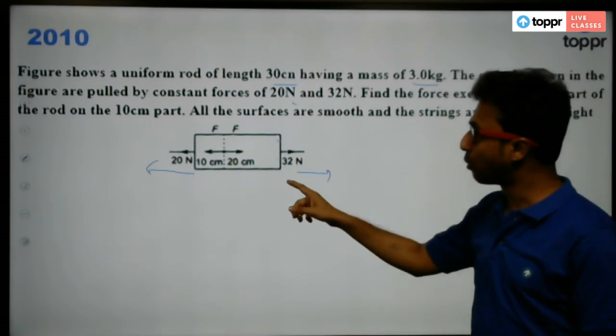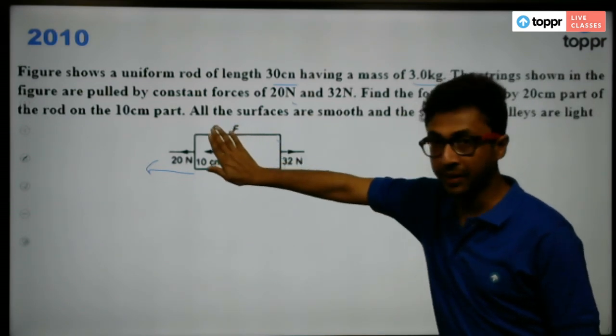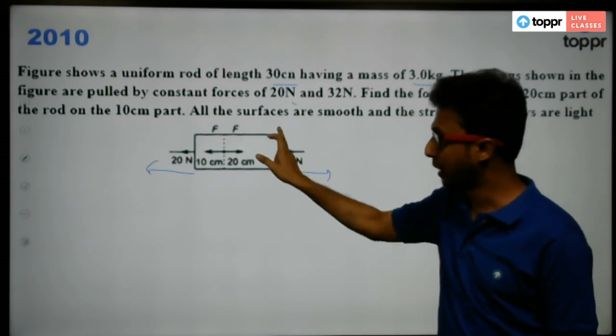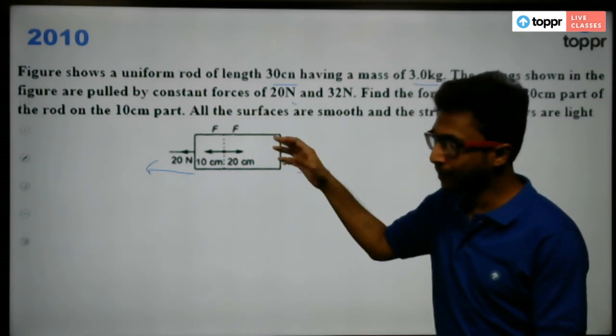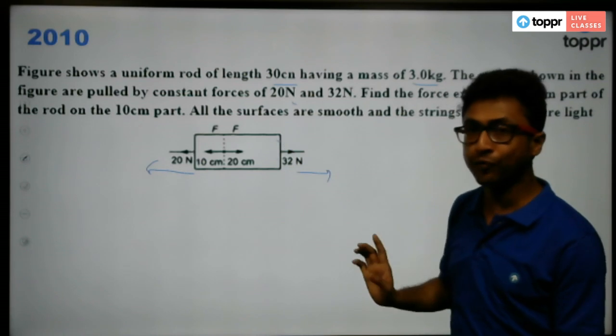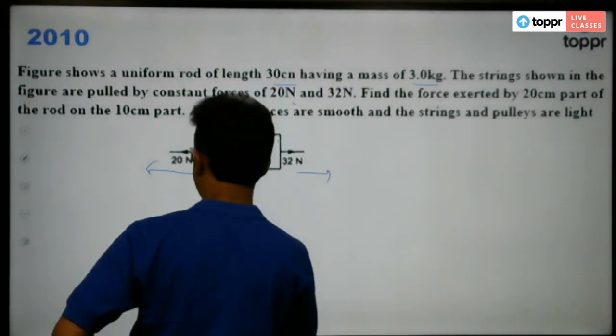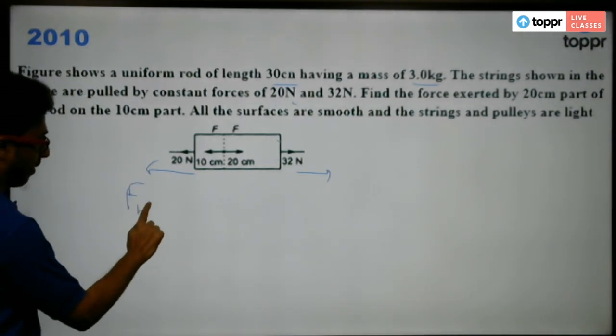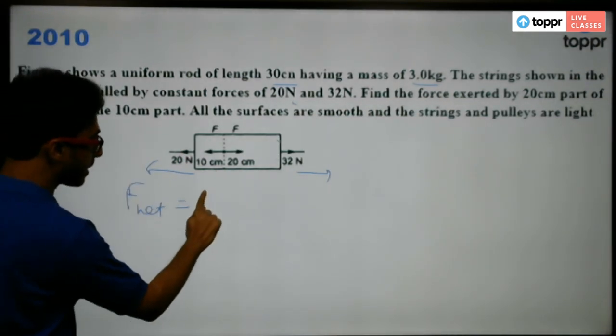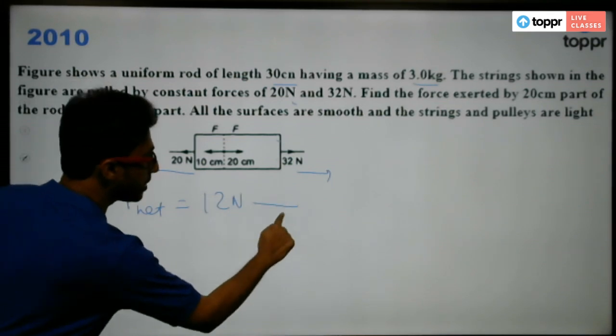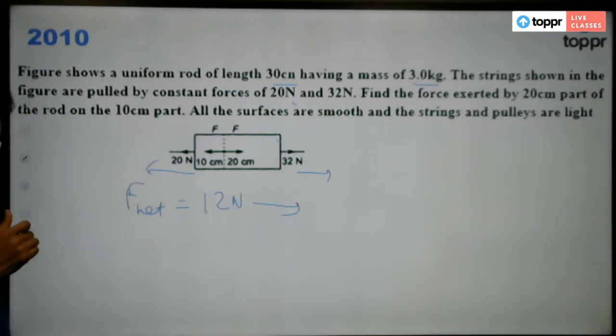If we don't consider the internal forces of the body, we can think of the body as a point object, and there are two forces, one is 32, one is 20. So the net force is 12 Newton in this direction.